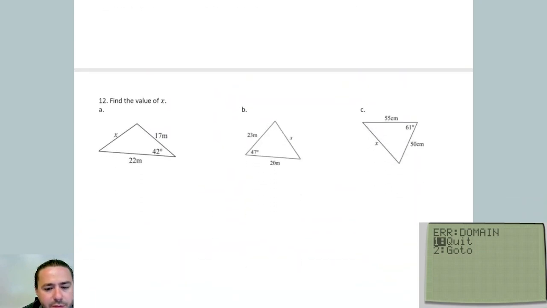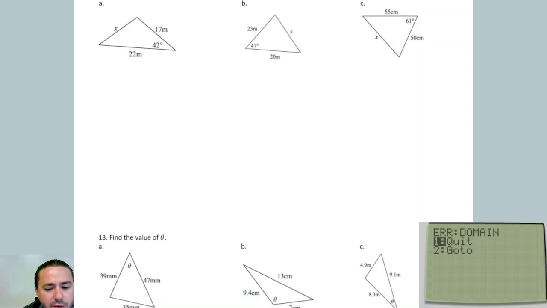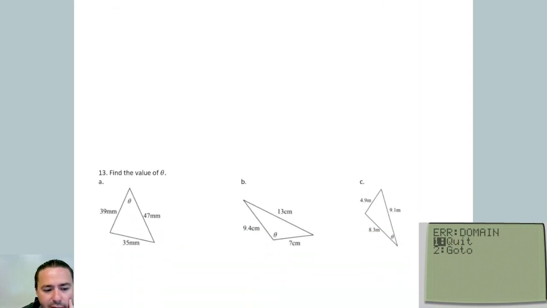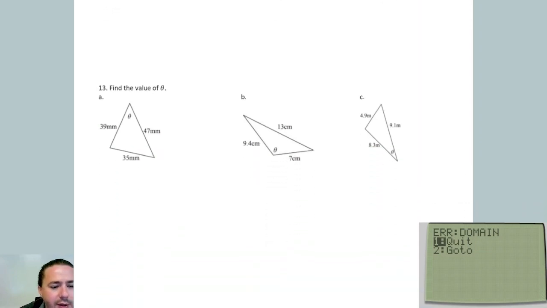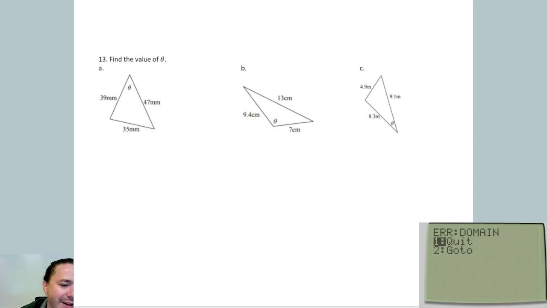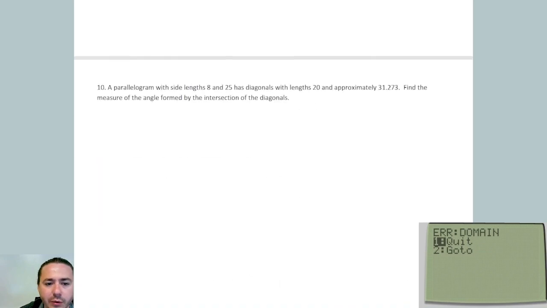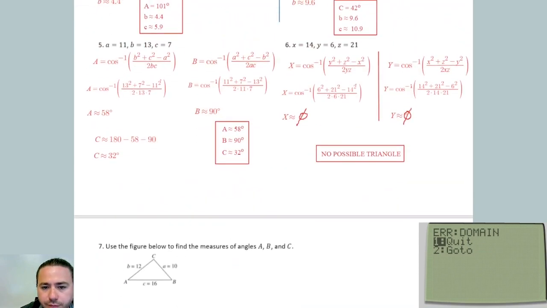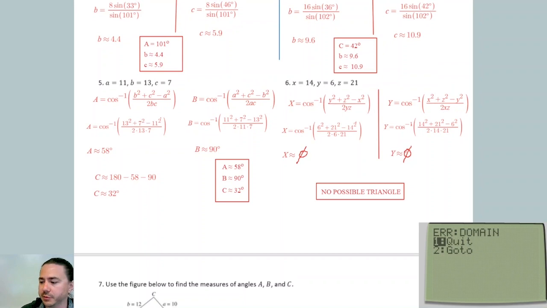Do we have any more? Yeah, down here. Gosh, I gave you a lot of problems, didn't I? My bad. 47 is smaller than the sum of these, so that's safe, and 13 is smaller than the sum of these, so that's safe, and 9.1. So this is going to be the only one, I think, that we're going to get no solution. So there's number 6.